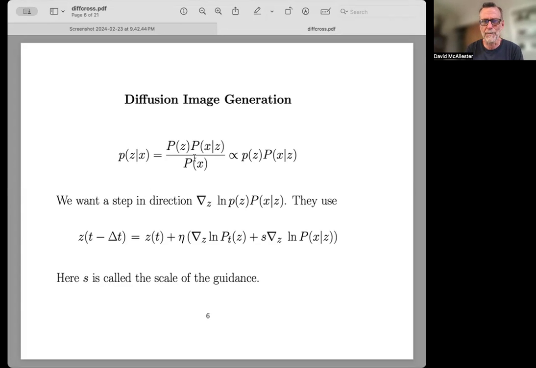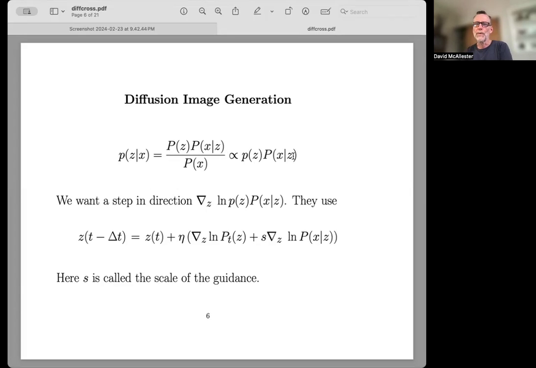This is just a Bayesian way of writing this conditional distribution. And if we're doing image generation, we're given X, right? Since the probability of X is a constant, this probability is going to be proportional to this product.